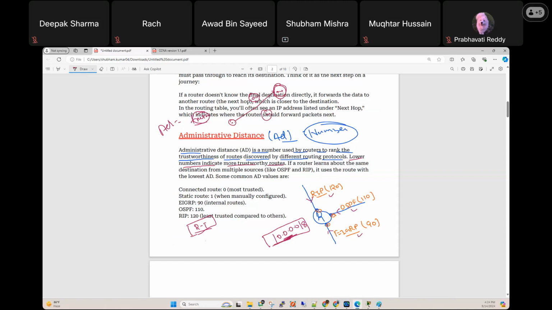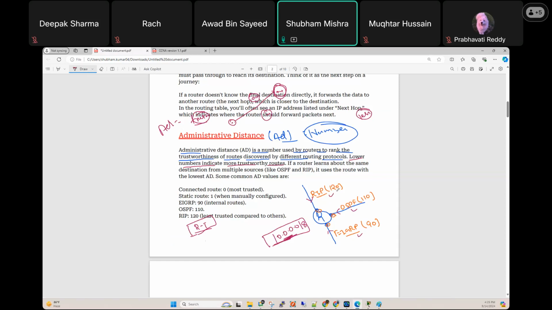Similarly, the router is receiving the 10th network information from RIP, OSPF and EIGRP, but the router will choose only the routing protocol prefix whose AD value is less. Because what is the rule? The rule is that a lower AD value is always more trustworthy. Getting my point, everyone? Clear? So in this case, yes.